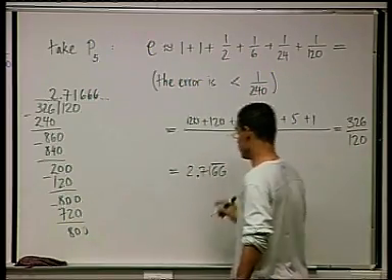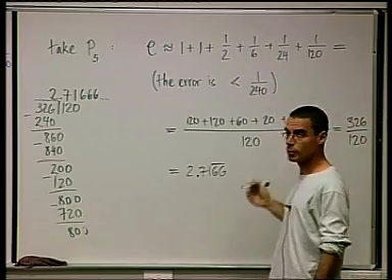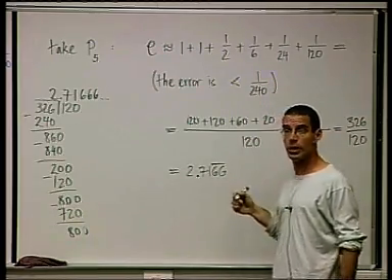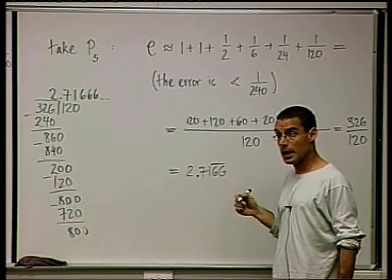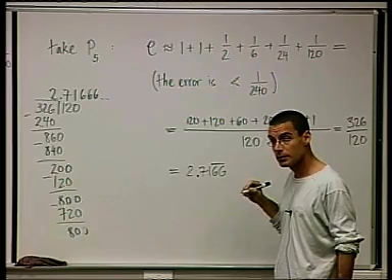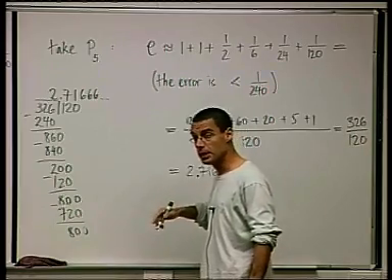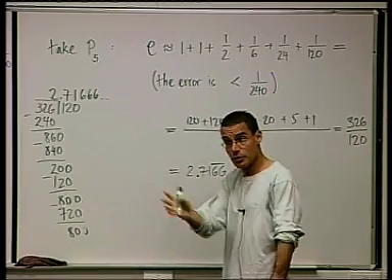And that's E. That's E with an error of, at most, 1 over 240. Okay. If you went to P6, you also get a period or not? If I went one more, if I took n to be, let's do that in a second, just to see.